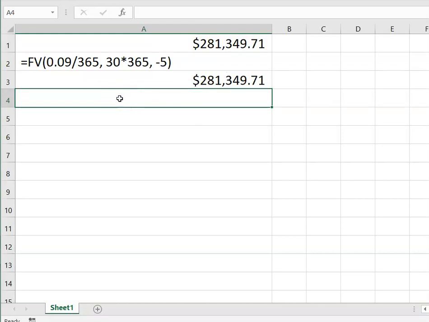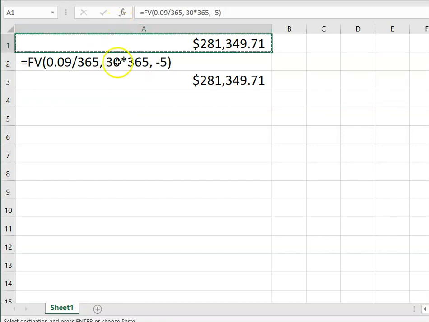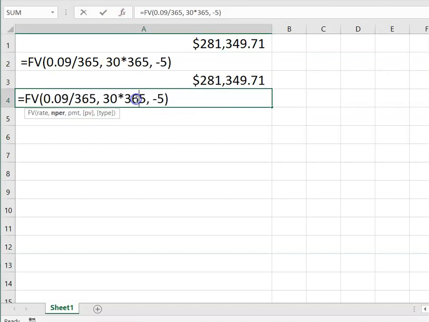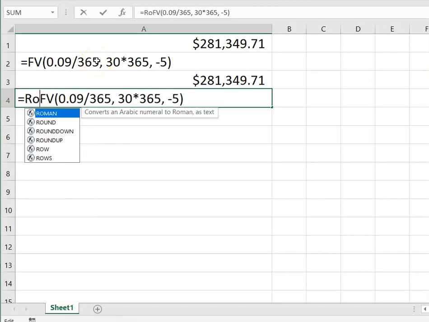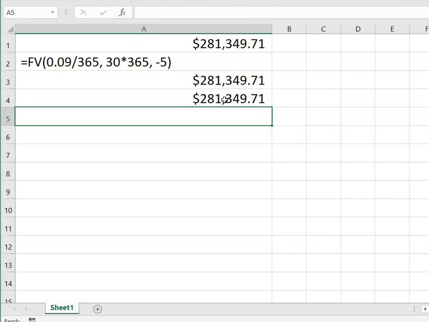Alternatively, you can take this whole equation here, and I'm going to edit it, and I can put the round around it, comma, 4. And that will work as well.